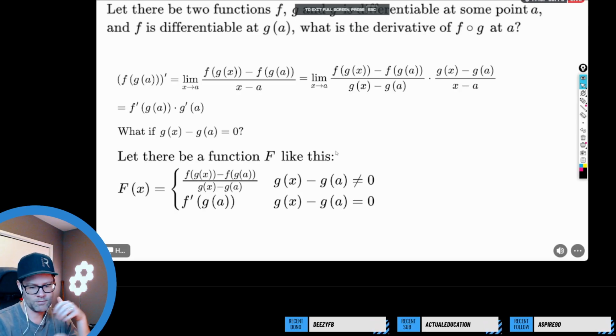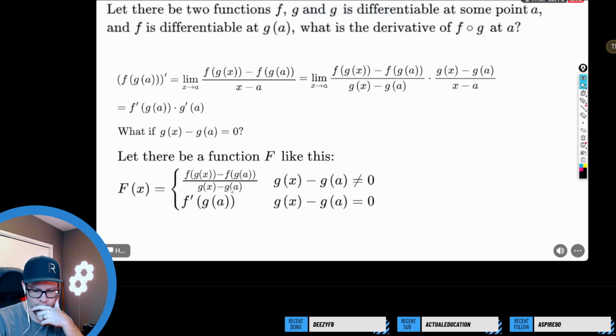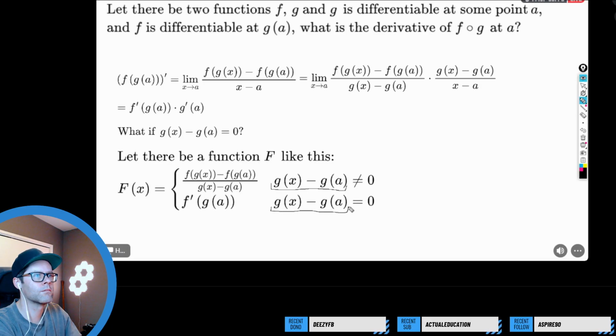So if we define capital F like this, then we can see that as x approaches a, g of x minus g of a approaches 0 or even gets to 0, and as this approaches 0, it approaches f tag of g of a.